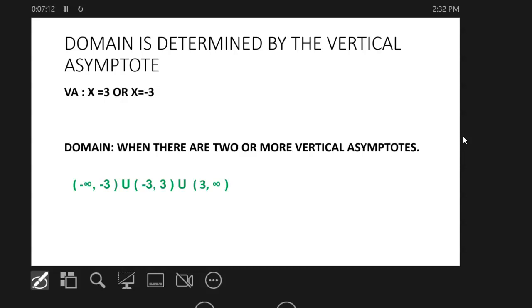So we are going to have from negative infinity to negative 3, union negative 3 to positive 3, union 3 to infinity. So when there are multiple vertical asymptotes, you're going to have that extra union in the center showing the two asymptotes.